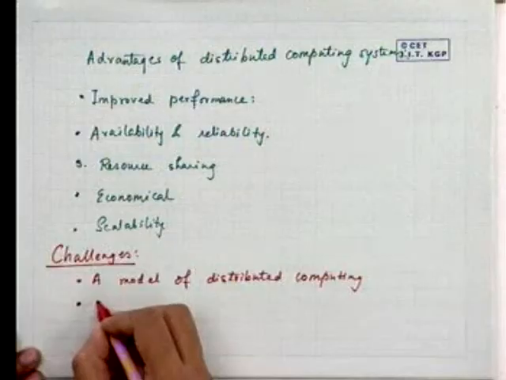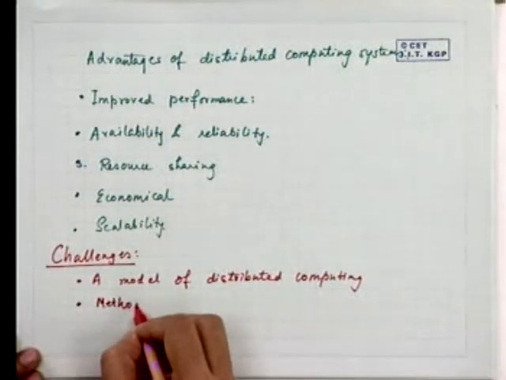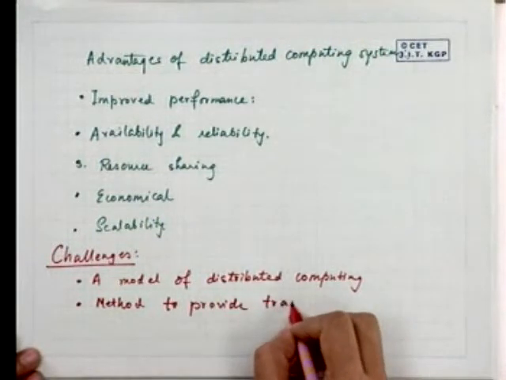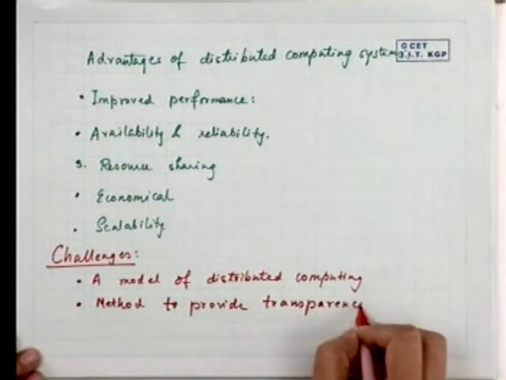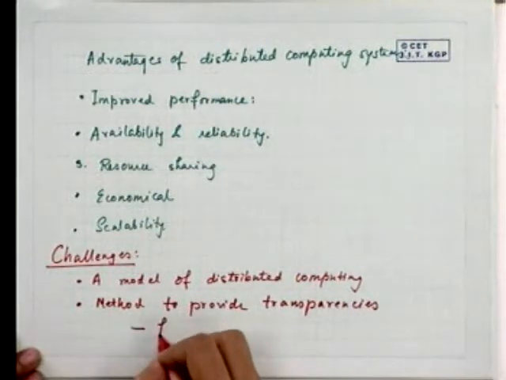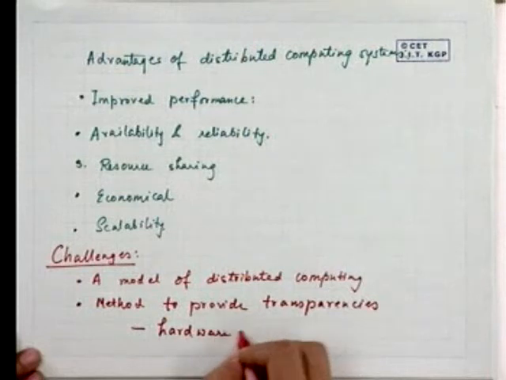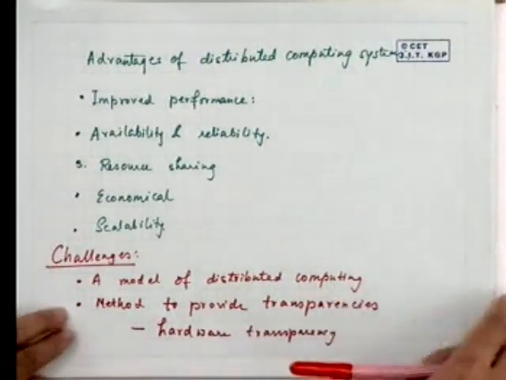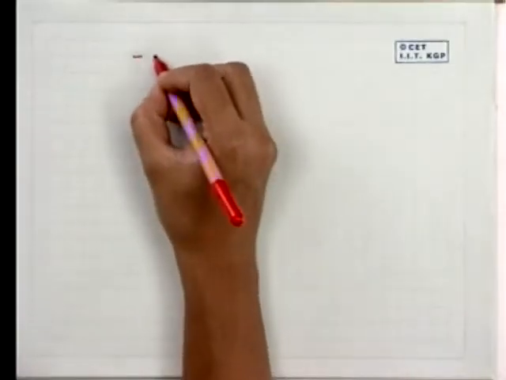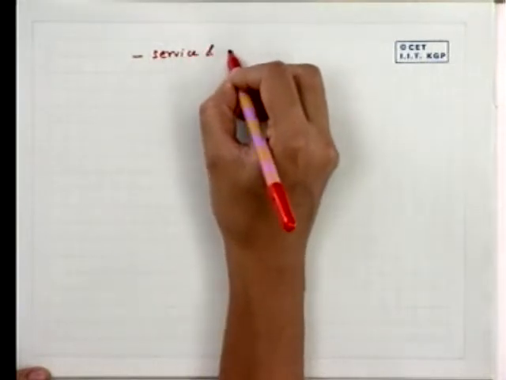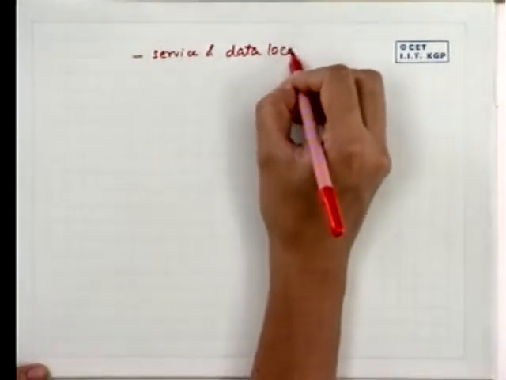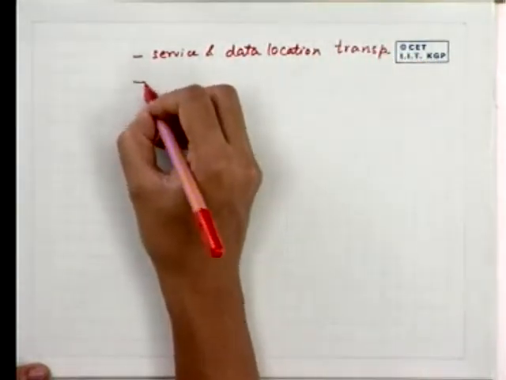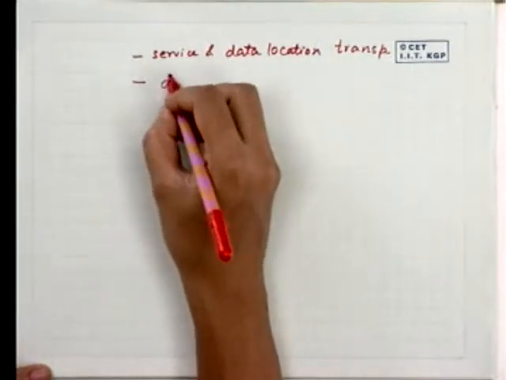So we have a method to provide transparencies: hardware transparency, then service and data location transparency, and thirdly data replication transparency.